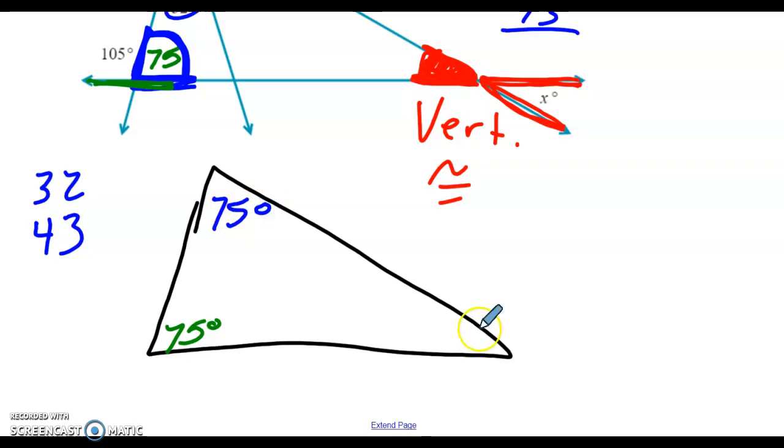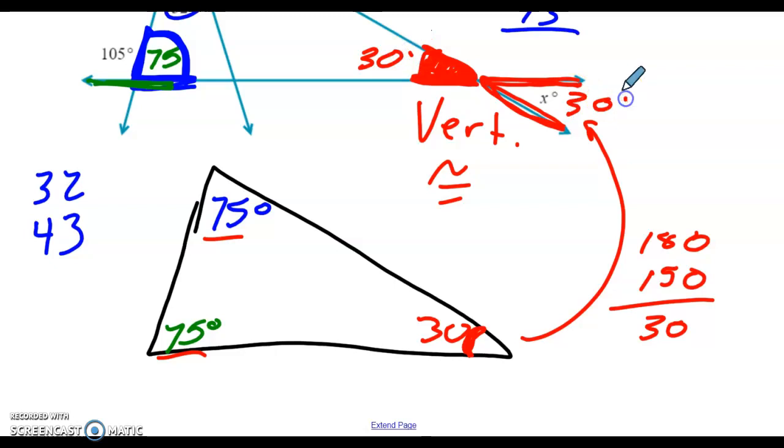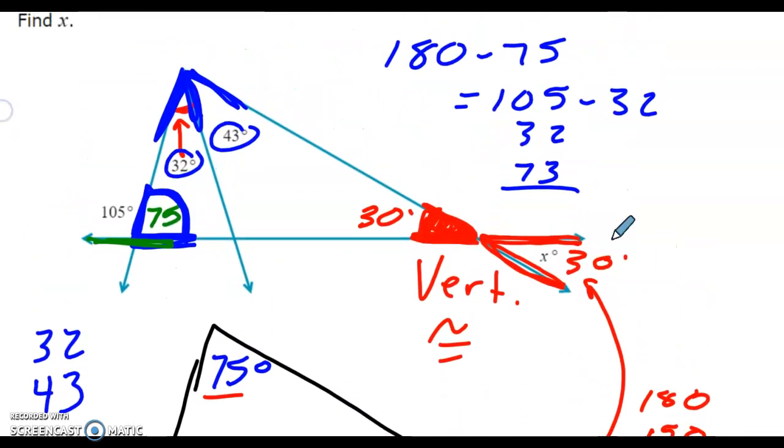So then, since we're looking for this guy to be vertical angles with our x, all you're going to be doing, 75 plus 75 is going to be 150. Subtract that from 180, you're left with 30 degrees. And if this guy is 30 degrees, then your x is 30 degrees because they're vertical angles.